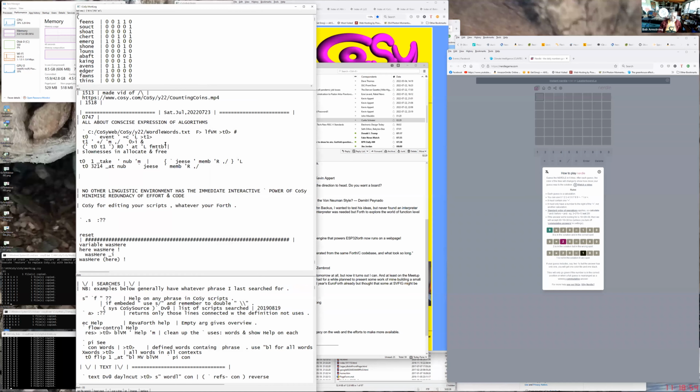Since there's this break, let me add, Joe, I think that the problem with this not being reliable has to do with the fact that I call the operating system allocate and restore.